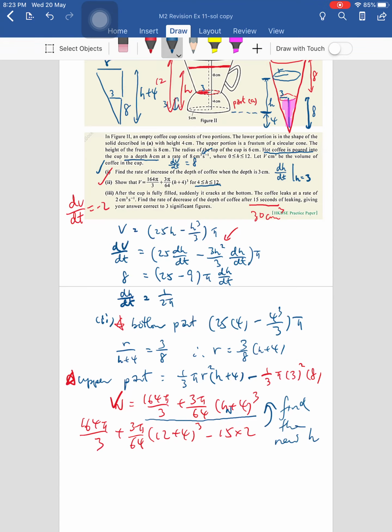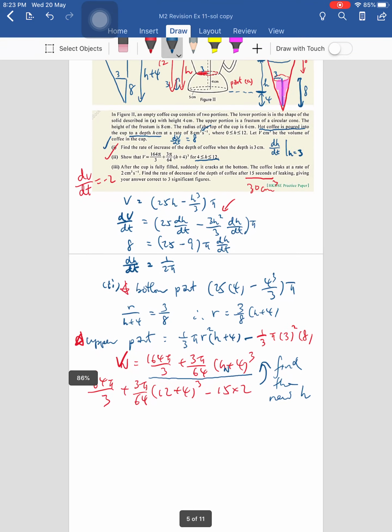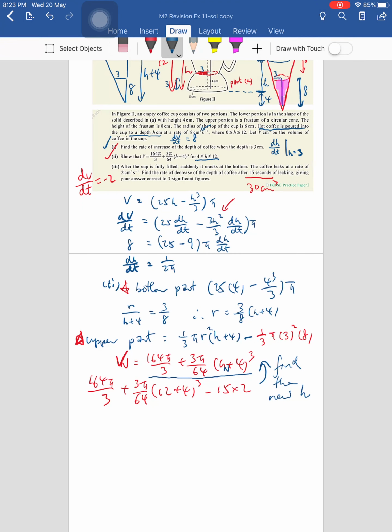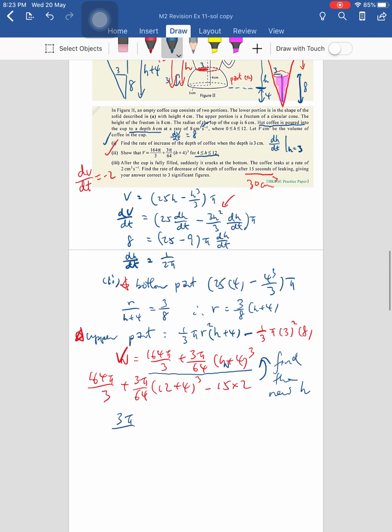And then I roughly found out that 3 pi over 64 times h plus 4 cube equals 192 pi minus 30. Okay, minus 30.